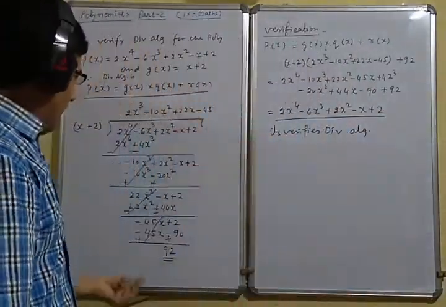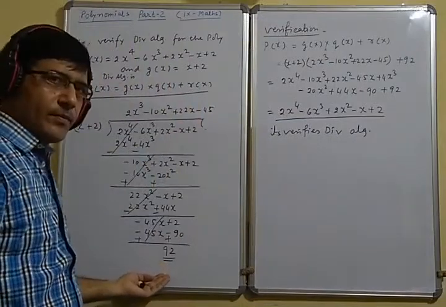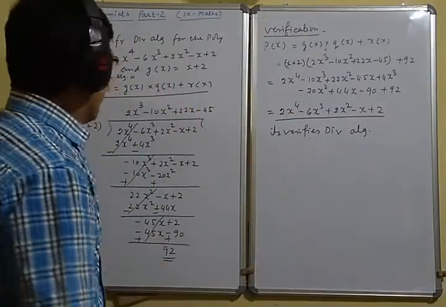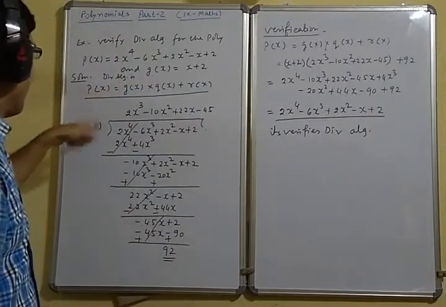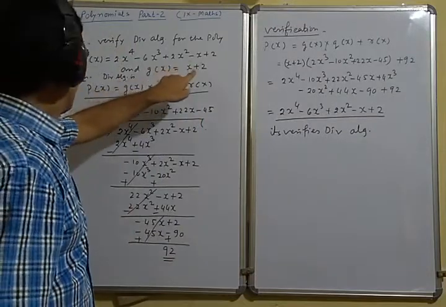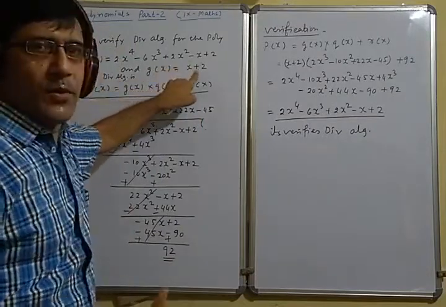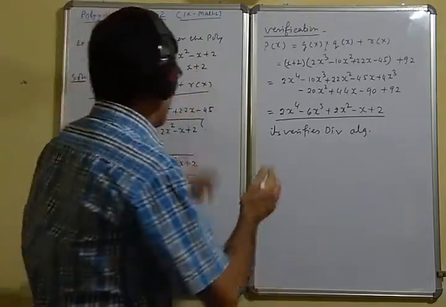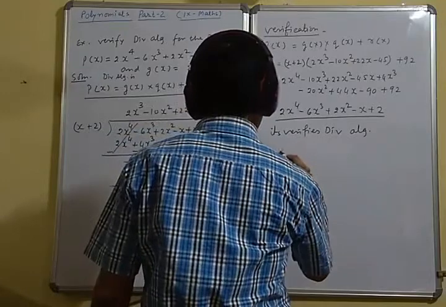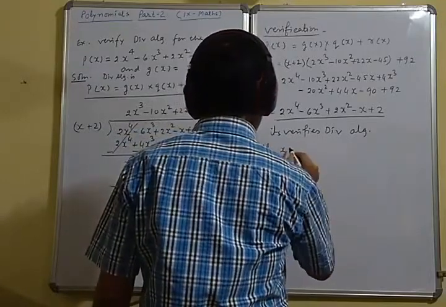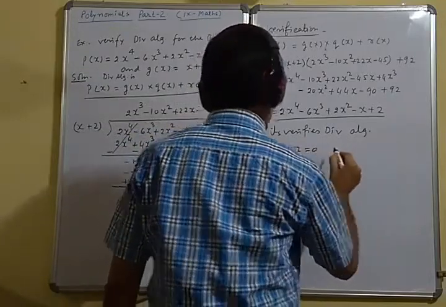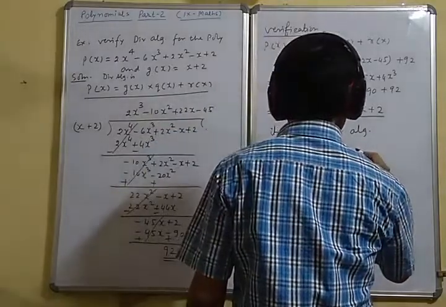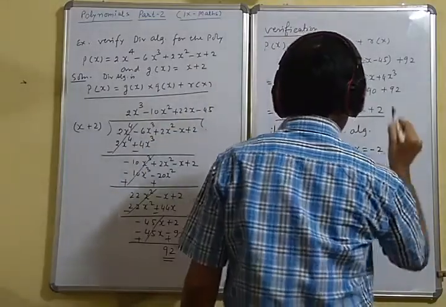Now here the remainder is 92. Now how to check? This is division by x plus 2, so the zero is x equal to minus 2. Now check it: if x plus 2 is equal to 0, it implies that x is equal to minus 2.